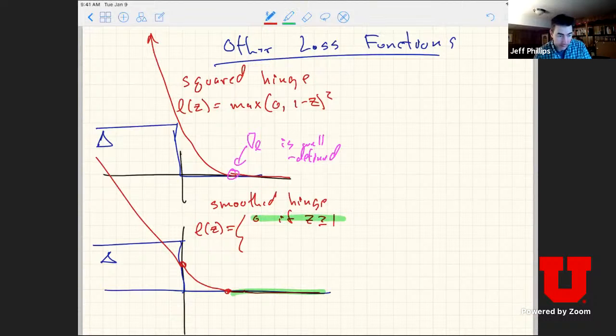It's going to be 1 minus z, squared, divided by 2 if z is between 0 and 1.